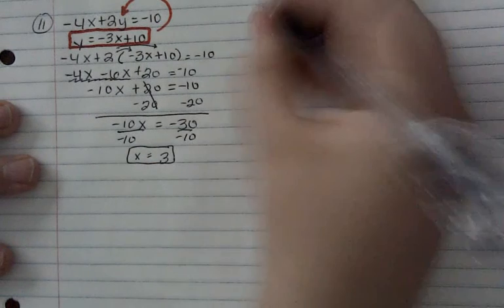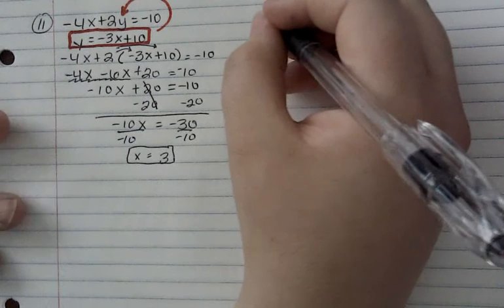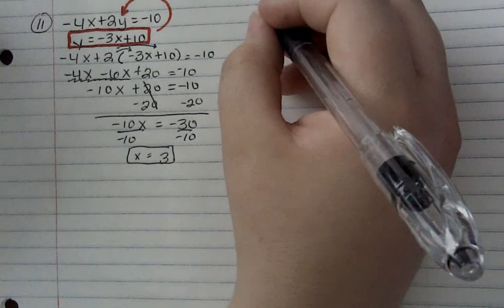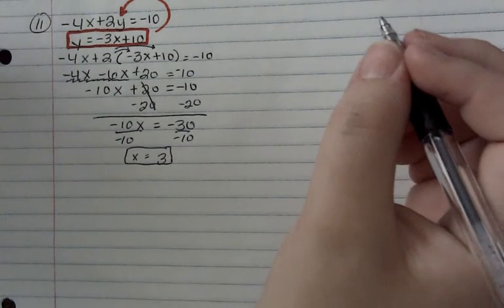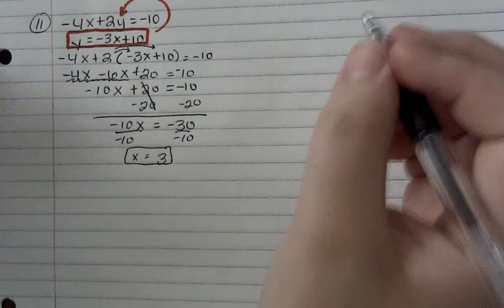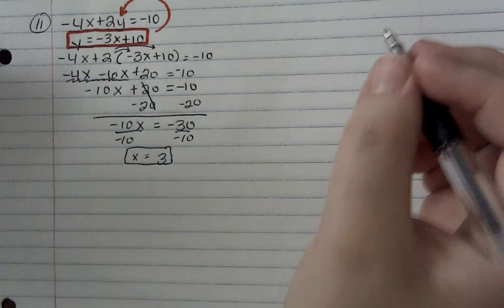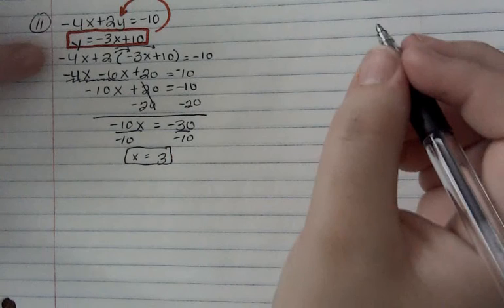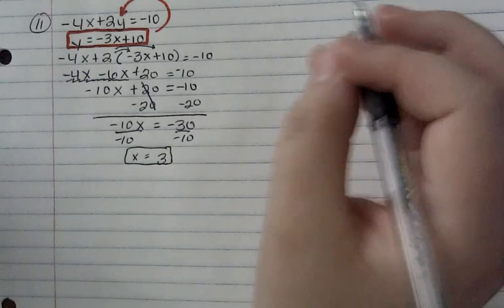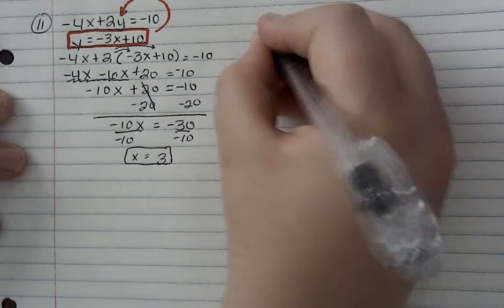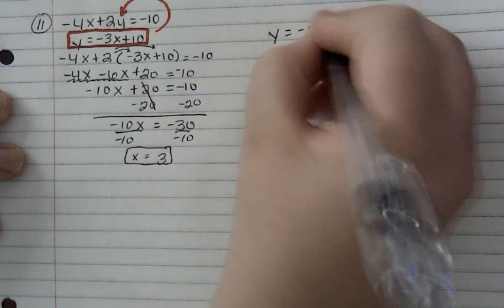So now I'm going to plug my positive 3 into the x of one of the top equations. It doesn't matter which one. I'm going to choose the bottom equation. Each time we do one of these problems, I'm going to choose that equation in the box. That's always going to be the easiest one to plug it into. So that's y equals negative 3x plus 10.